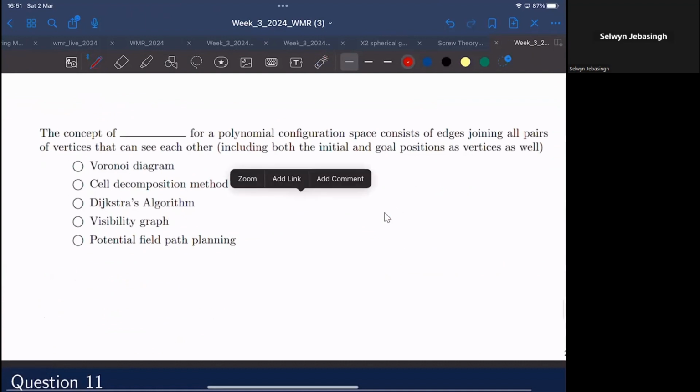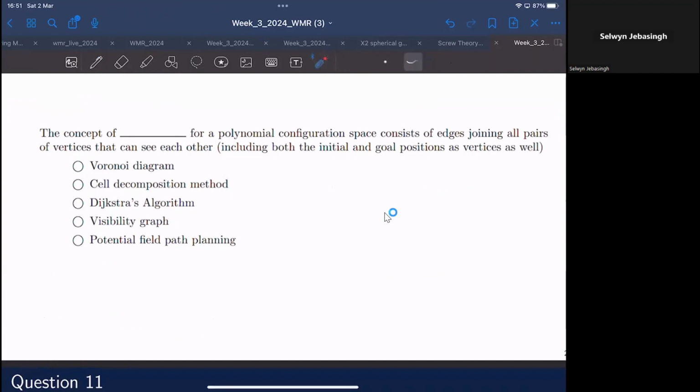Moving on to question 11. The concept of dash for a polygonal configuration space consists of edges joining all pairs of vertices that can see each other, including both initial and goal position as vertices as well. Okay, so again, this is also a defining property of the visibility graph, because we have seen this on previous occasions in the preceding slides also.